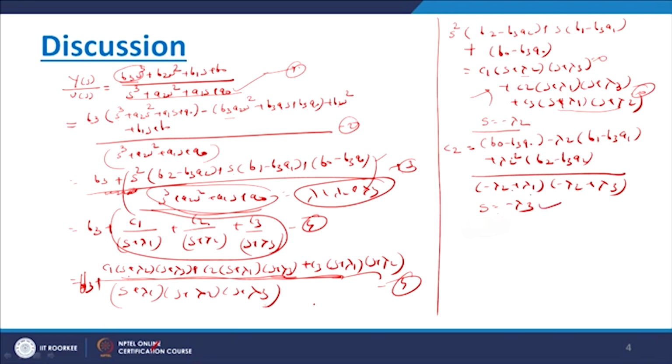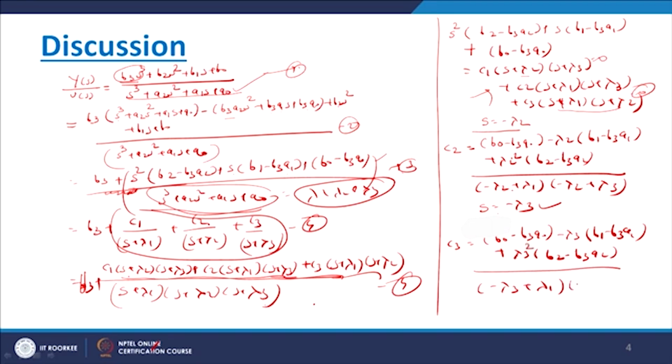Therefore C3 equals (B0 minus B3 into A0) minus lambda 3 (B1 minus B3 into A1) plus lambda 3 square (B2 minus B3 into A2), divided by (minus lambda 3 plus lambda 1)(minus lambda 3 plus lambda 2).